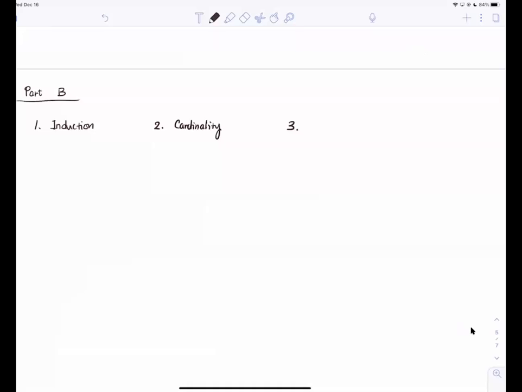I don't think your exam's gonna be super straightforward. So I think they will put questions that require you to think. Modular arithmetic.